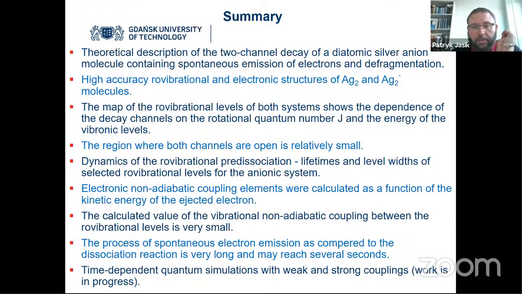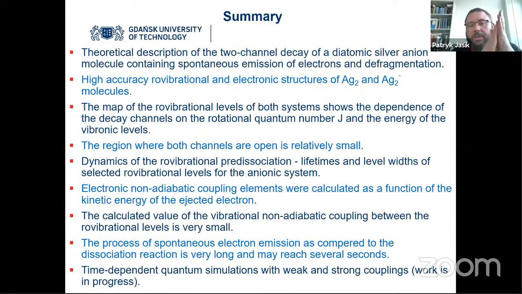Later we calculated the dynamics of the ro-vibrational predissociation, some lifetimes and level widths. We showed that this process is quite fast, nanoseconds and picoseconds. And later we calculated non-adiabatic couplings to obtain some features of spontaneous electron emission. And this process is very long in comparison with the dissociation.